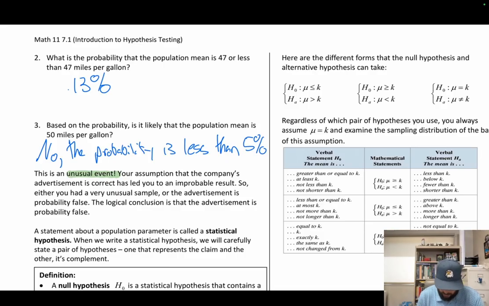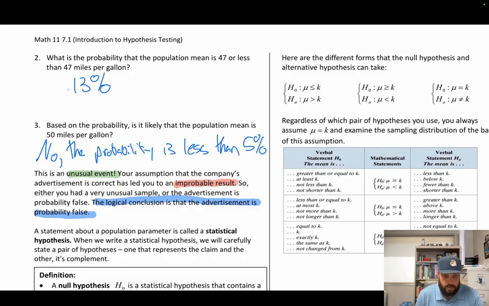A mean like that is not likely to happen. So either you have a very unusual sample or the advertisement probability is false. And logically, since we sampled well and it is unlikely to have an unusual sample, the logical conclusion is that the advertisement probability is false.